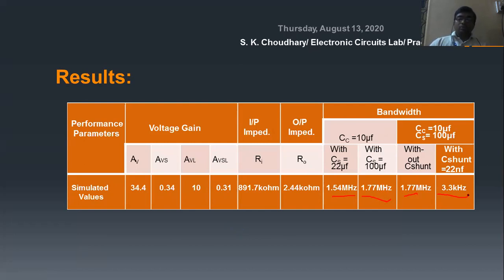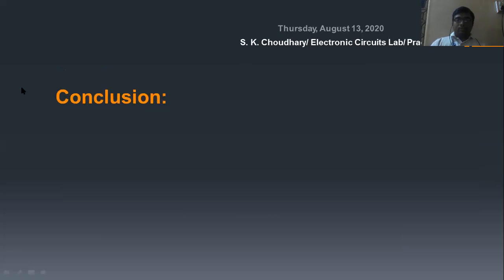So when you connect the shunting capacitance, your upper cutoff frequency changes significantly. In this way, you see the output bandwidth changes from megahertz to kilohertz. That is the change we actually observe. So this is all about this second practical. You can write your conclusion in your own way.